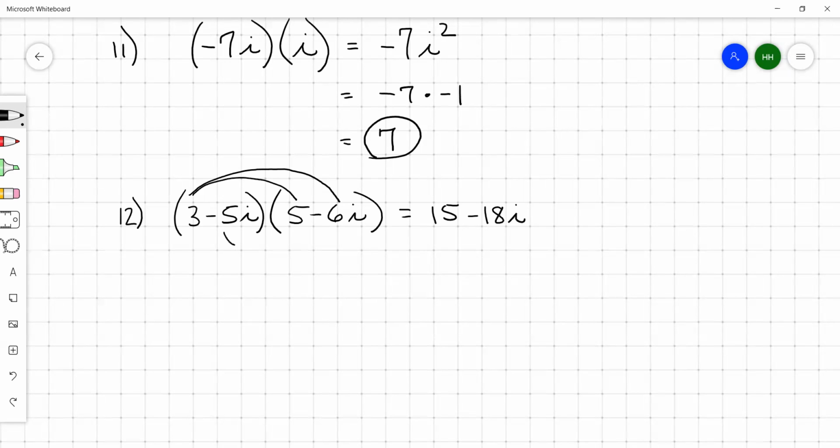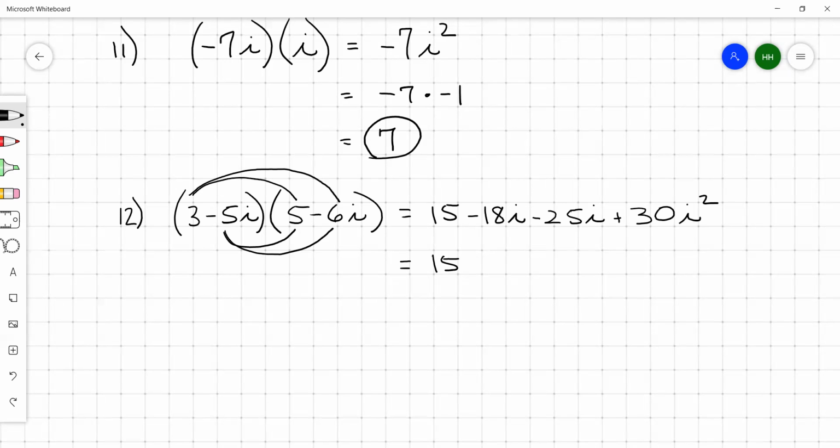Now you got a negative 5i times a 5. That's negative 25i. And a negative 5i times a negative 6i. That's positive 30i squared. So we get 15. You got a negative 18 minus 25.